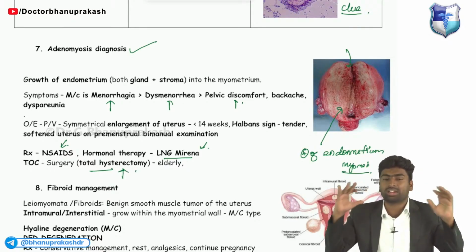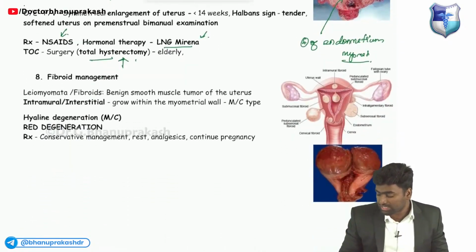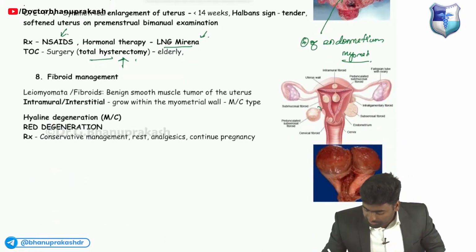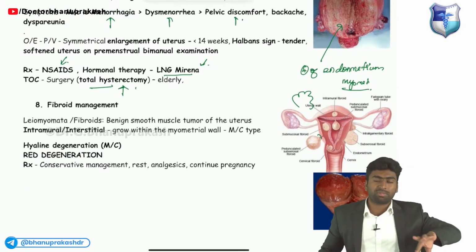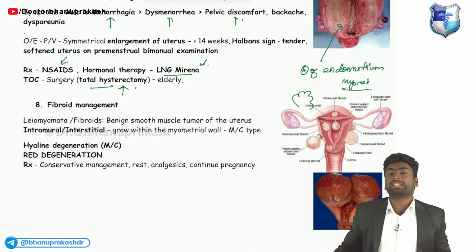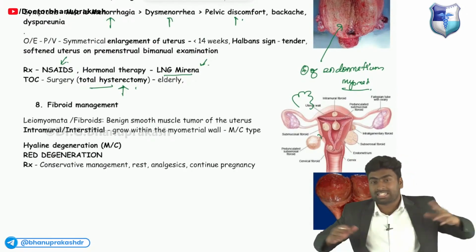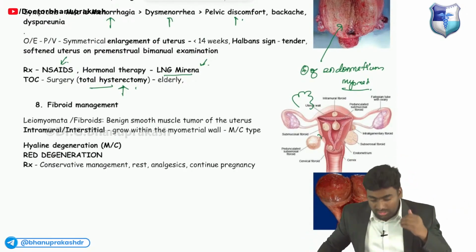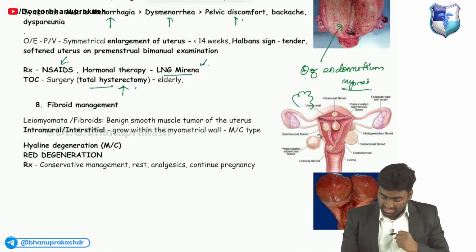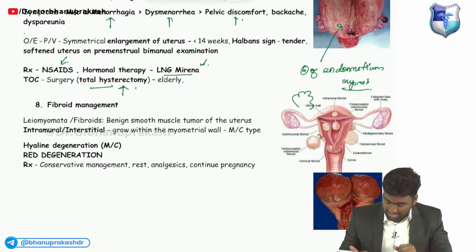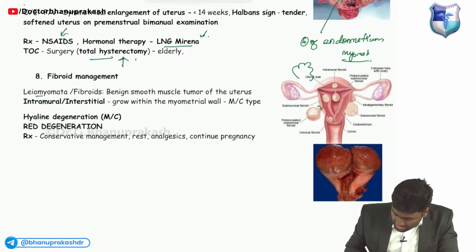It is a regular or globular enlargement of the uterus. Whereas if you see this type of irregular enlargement of the uterus, and the patient is also complaining of menorrhagia, and the size of the uterus is exceeding or more than 14 weeks size, it is a classical case of fibroids. And we know fibroids are also known as leiomyoma.